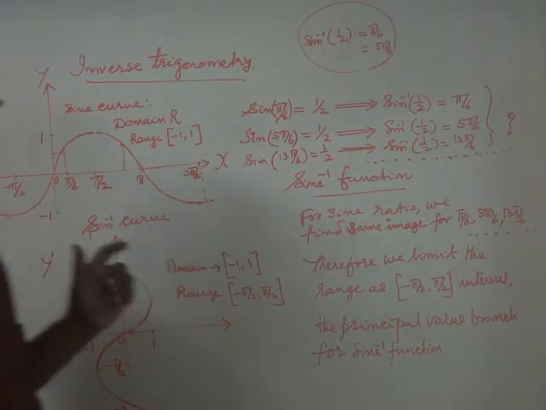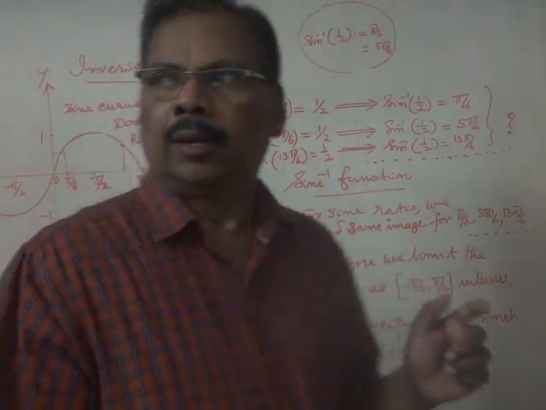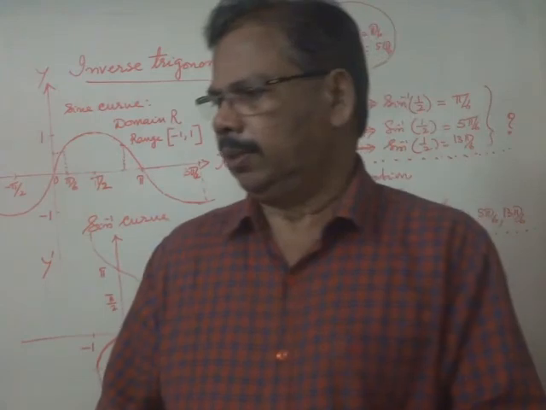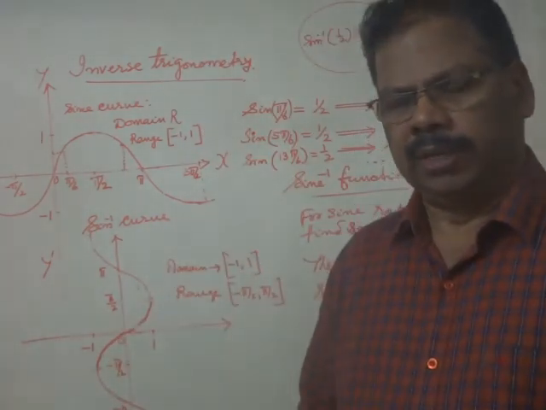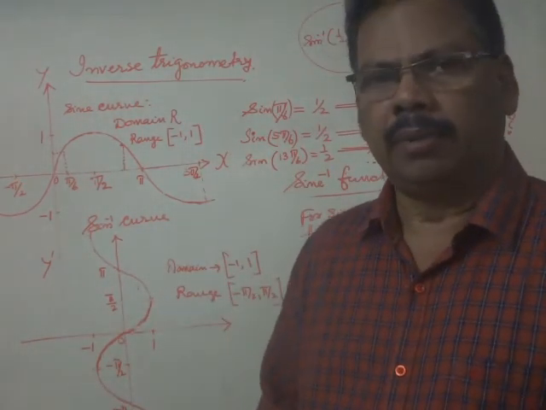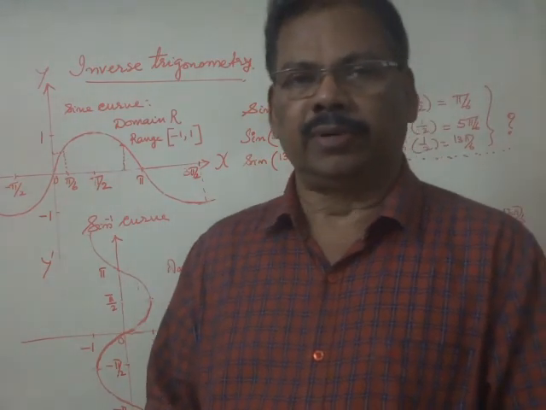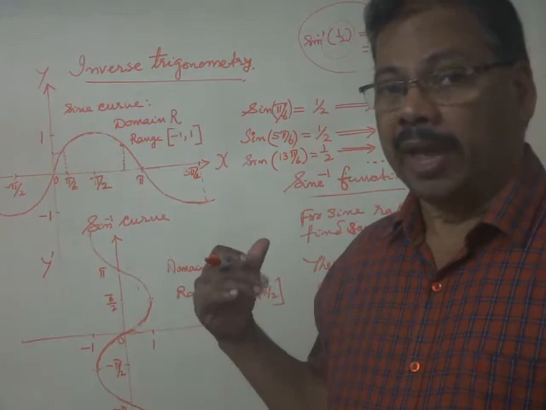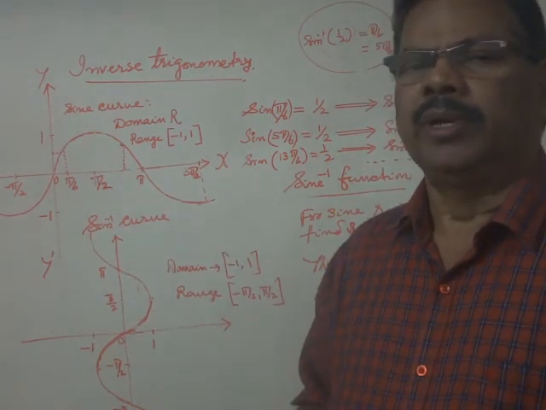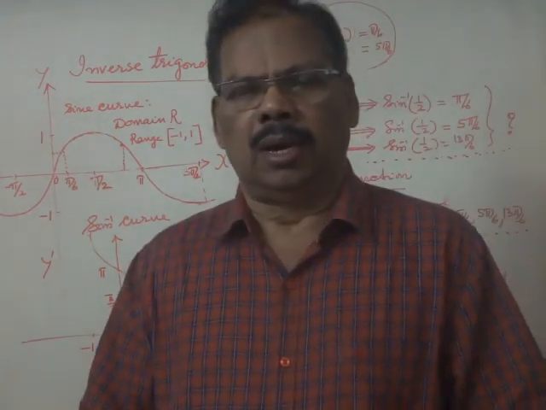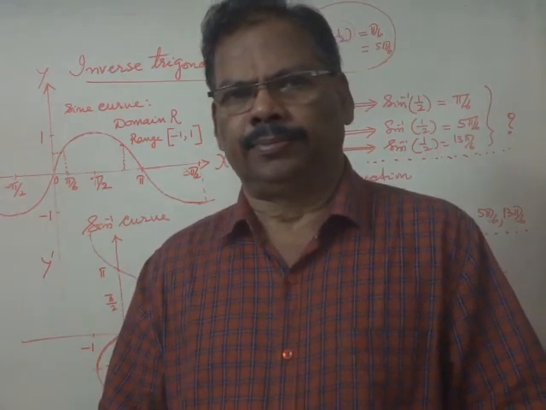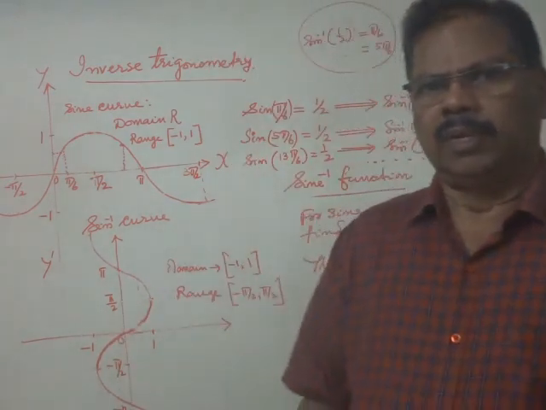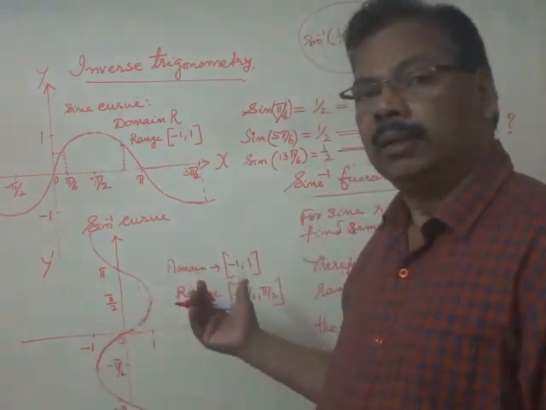Therefore, by enforcing the necessary interval, we can define the inverse function. In the case of sine inverse, so is the case with other inverse functions also. But the interval will be different.